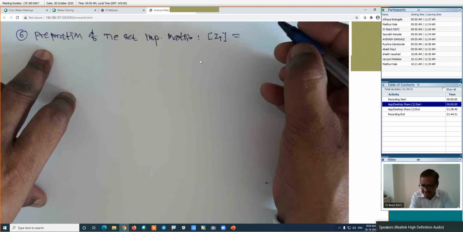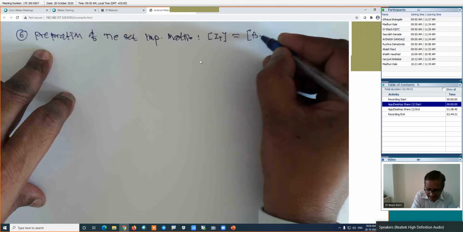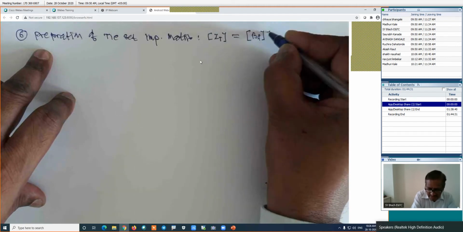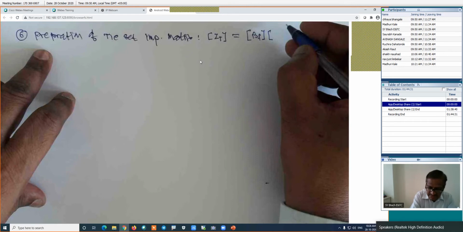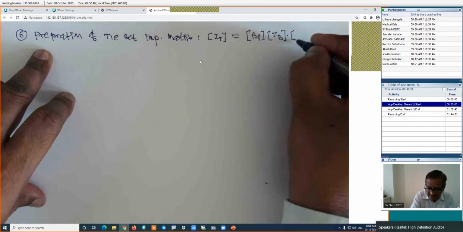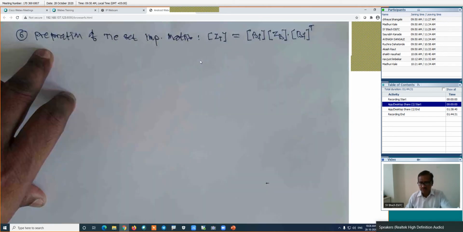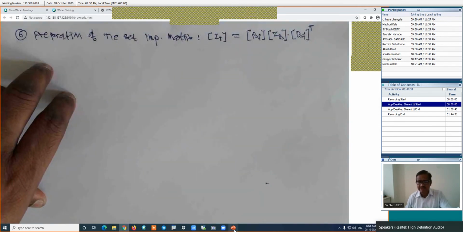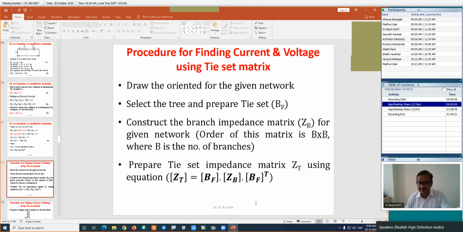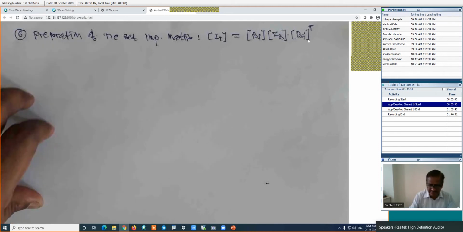This ZT is equal to the matrix BF into the matrix ZB into the matrix BF transpose. Look at BF into ZB into BF transpose. The same thing I have taken.